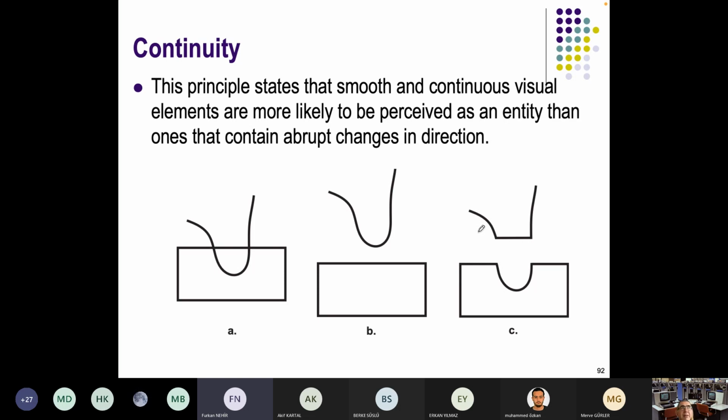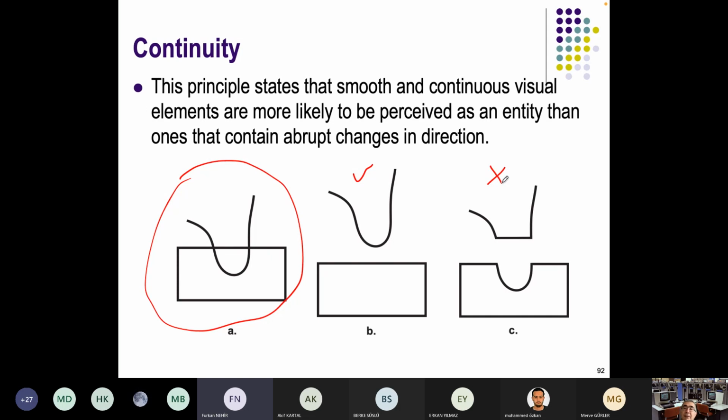In nature, many things are continuous. So our brain tries to understand the environment as if the lines we see are continuous. Therefore, when we give this figure to the user, the user will perceive it as this one, but not the one on the right, although the figure can be something like on the right.